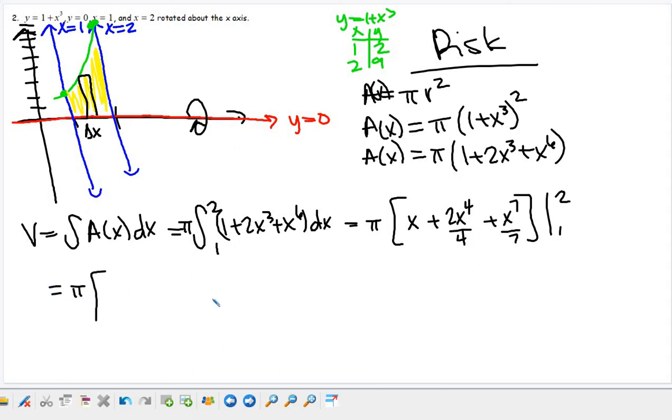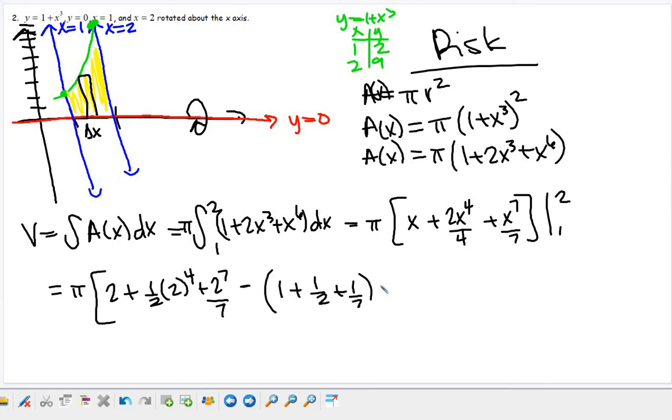So I have pi, and I'm going to reduce this in my step. So I have 2 plus 1/2 times 2 to the 4th plus 2 to the 7th over 7 minus the whole quantity of 1 plus 1/2 plus 1/7, because 1 to any power is 1. So I have pi times, so I'm kind of out of room here, but this is just a lot of calculation, right?